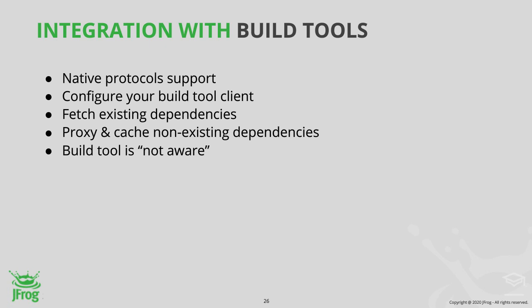And once you've done that, you can fetch dependencies that are already stored in Artifactory from the different repositories, either local or remote repository. Or you can try to access a remote repository with a package that is not already on Artifactory.